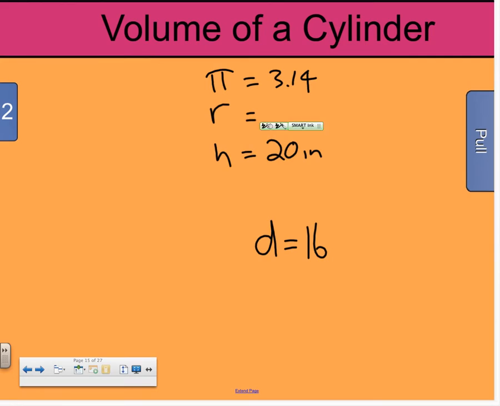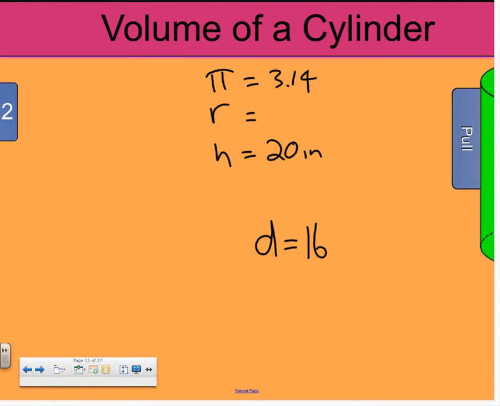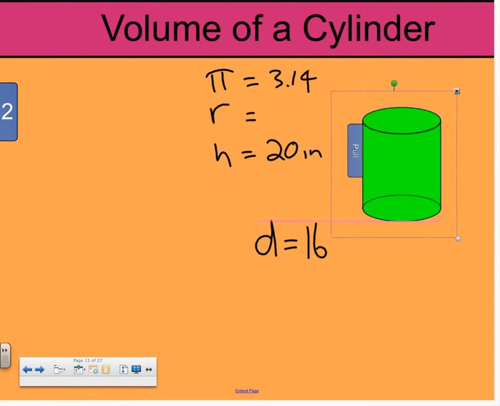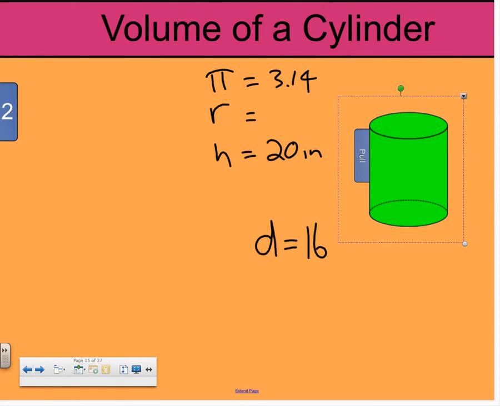All right, now if you have a hard time visualizing this, feel free to draw a cylinder. If you need to draw a cylinder, that's fine. And you can draw these in. So for example, we know that's 20. They tell us that all the way across is 16. So that's going to help me visualize. So I know that halfway across then must be 8. So now I know that my radius is 8.